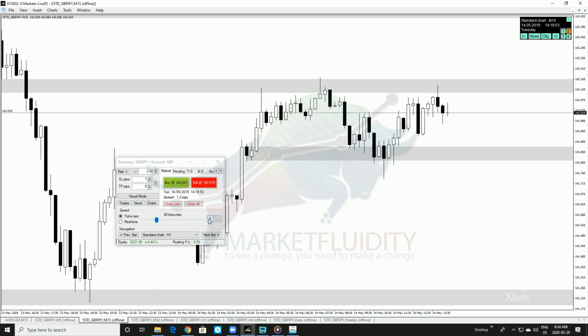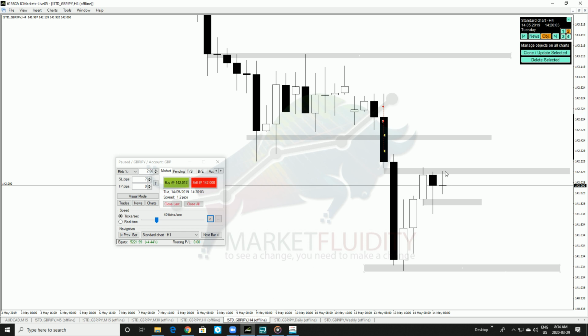The 15 minute is now rejecting that area. Let's take a look at the 4 hour real quick. Looking at the 4 hour, the 4 hour bias is bearish. The 4 hour came down.